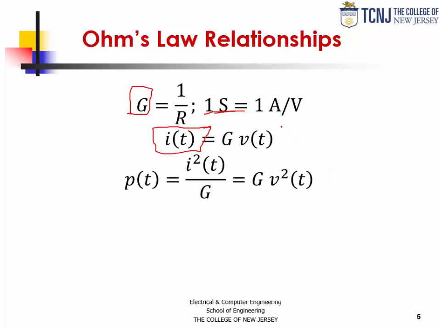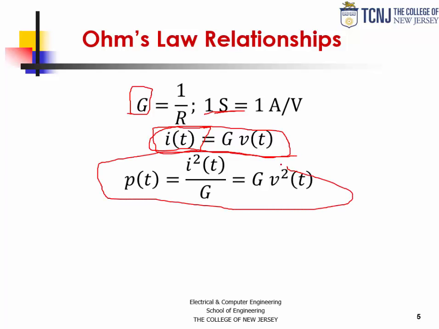This equation is the same Ohm's law defined with a conductance instead of a resistor or a resistance. And this equation is the power equation defined with a conductance instead of a resistance, by simply substituting G for 1 over R.